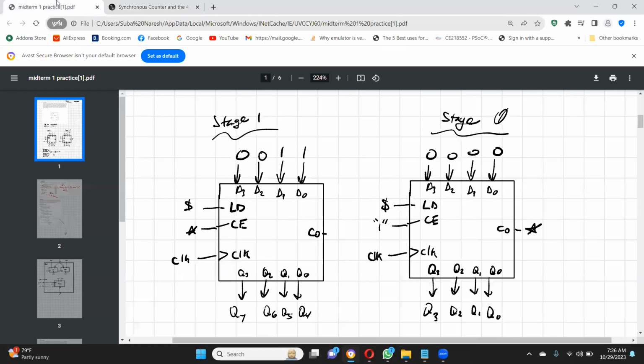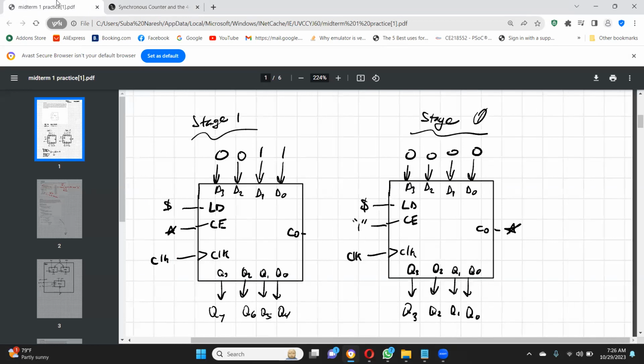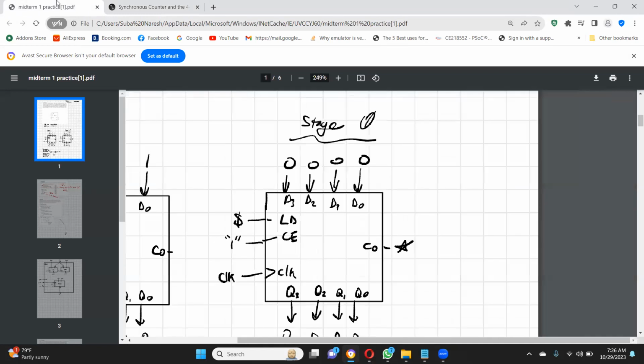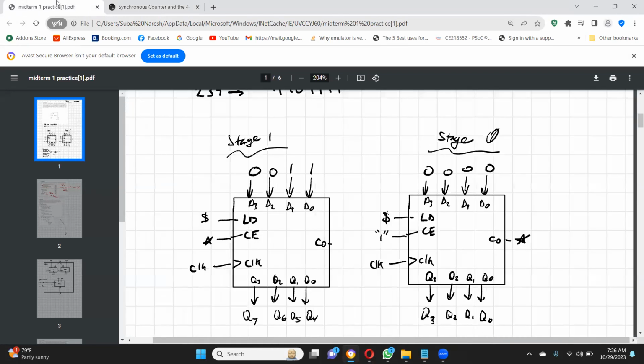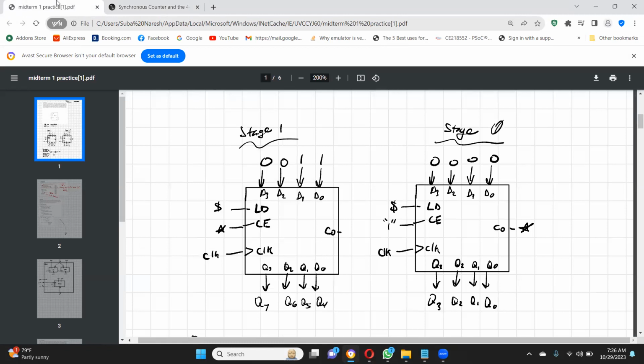See, you are starting from stage 0, right? I have a question. When the load is 1, 0, 1, 0, and 0, 0, 0 is loaded into the 4-bit counter of stage 0. So when does the counting begin?